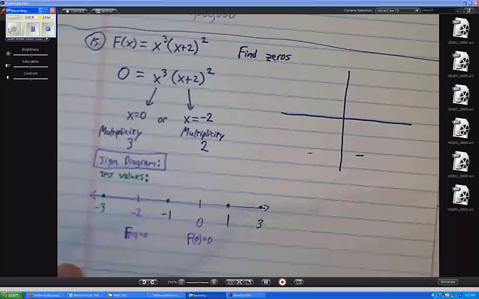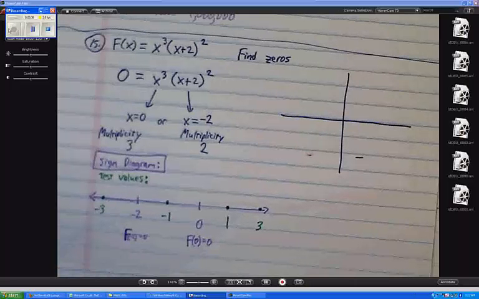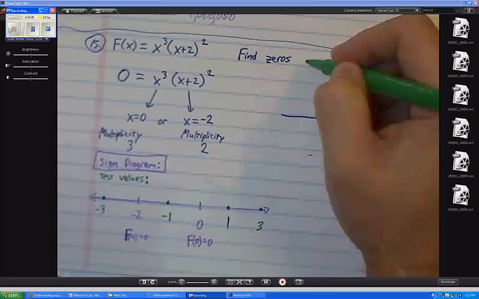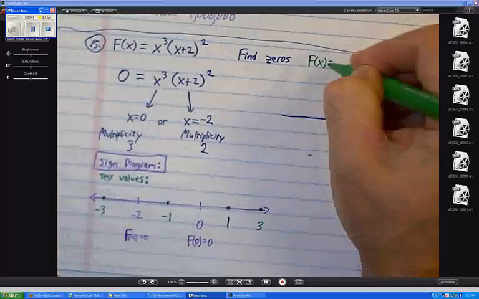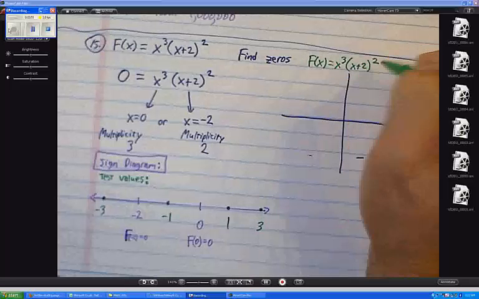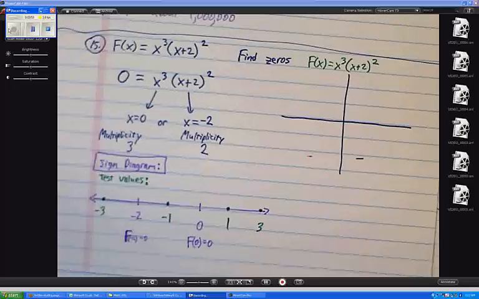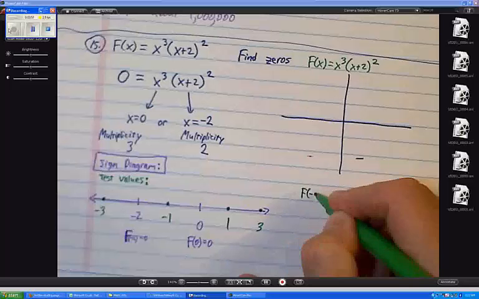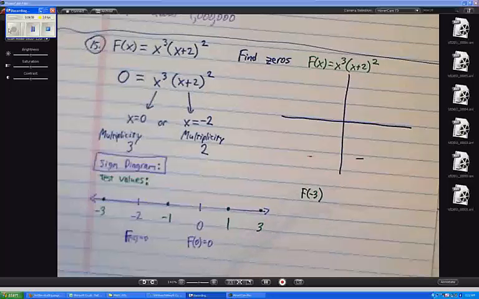And what I want to do now is compute f of these different values. Now remember, what we're graphing is f of x equals x cubed times (x plus 2) squared. And so, for example, I'm going to compute f of -3. And I'm going to tell you something. I really don't care what f of -3 is.